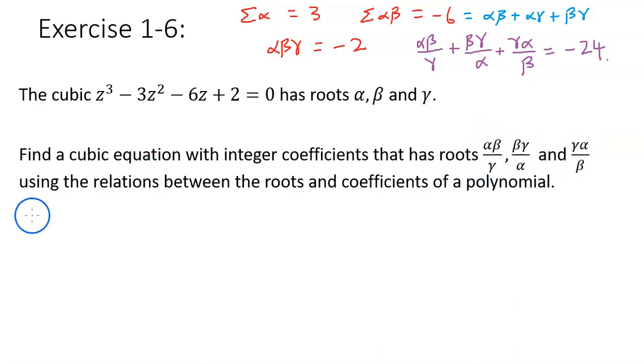So the first two is going to be alpha beta squared gamma divided by alpha gamma, plus, and then the first one times the last one would be alpha squared beta gamma divided by beta gamma, and then plus the last one would be alpha beta gamma squared divided by alpha beta.